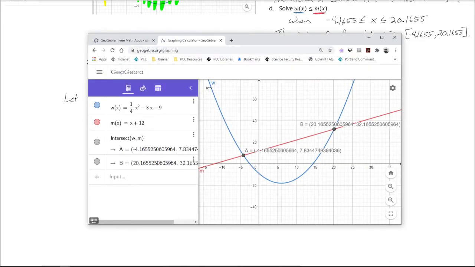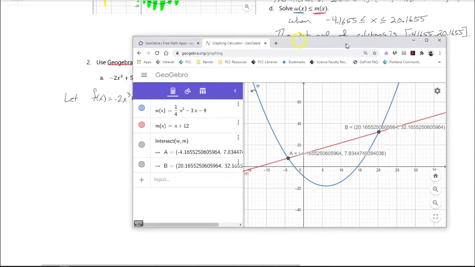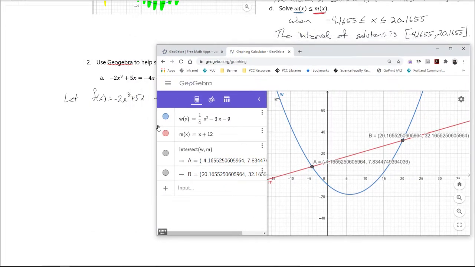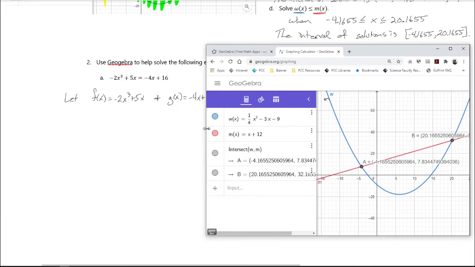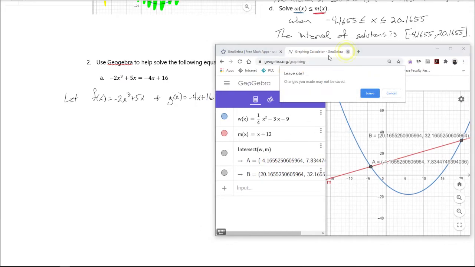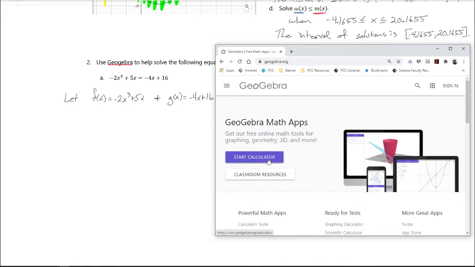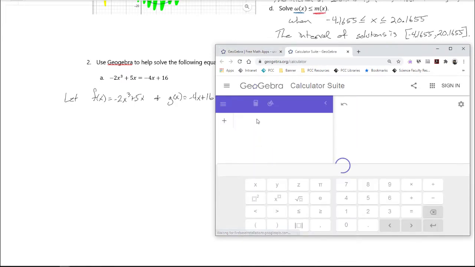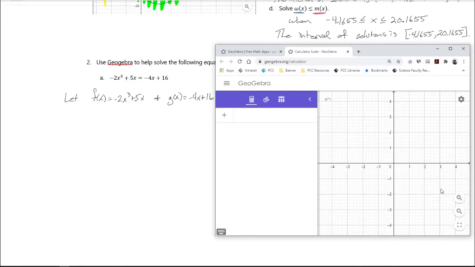So I'll pull the graphing calculator back up. And let's just start fresh here. Start a new one. And then we want to type in f of x equals negative 2x to the third plus 5x.